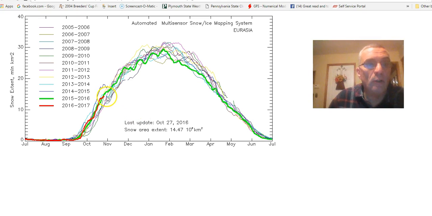Now, here on the chart, you can see the red is the current growth, which takes us to October 27th. I don't have the last 2 days, and we don't have the next 2 days to add to this, but the red line is the current year. The green line is last year, which finishes number 2 on the list.